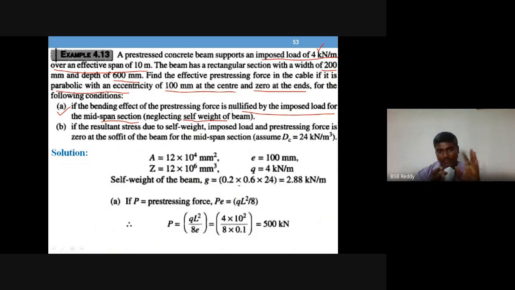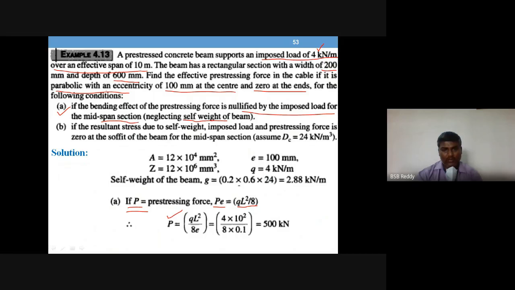The previous question is very similar. It was solved for 2-point loads. Now it is for UDL only. So neglecting self weight, what will be the P value required to balance UDL? To balance UDL, P into E is equal to WL square by 8, the maximum bending moment at center.